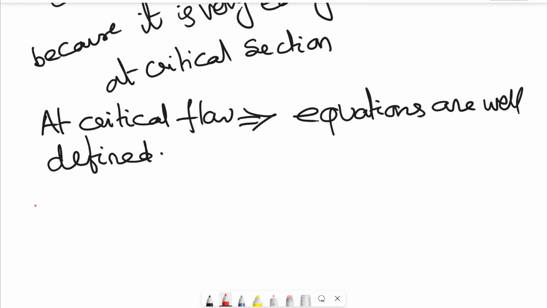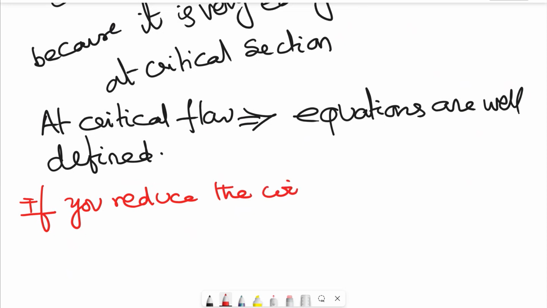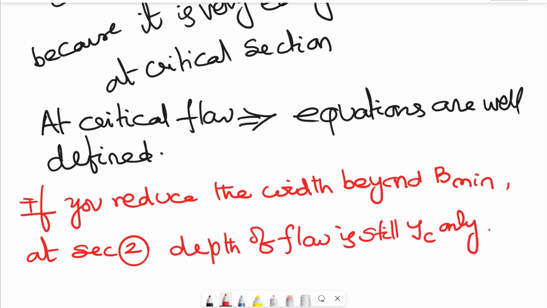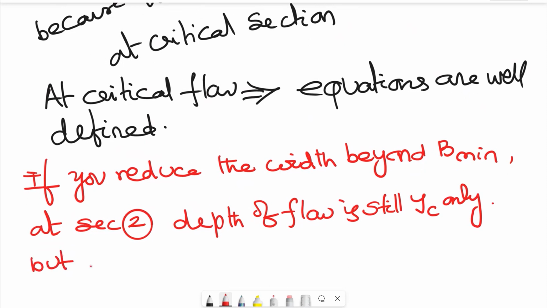Now, if you also reduce the width beyond B minimum, at section 2 the depth of flow is still YC only, but the upstream depth increases.